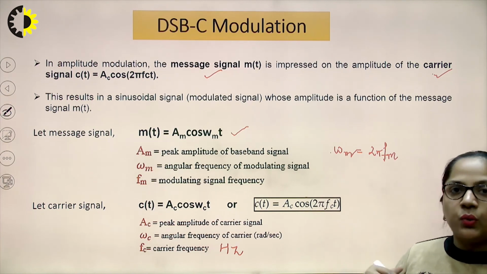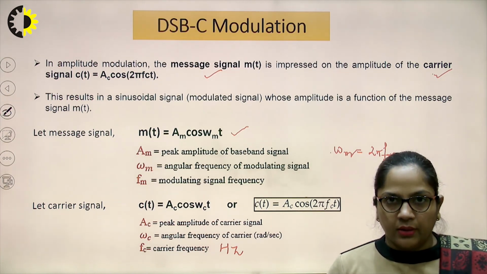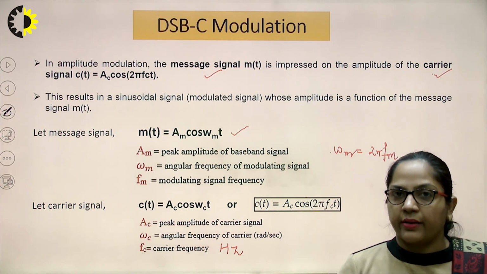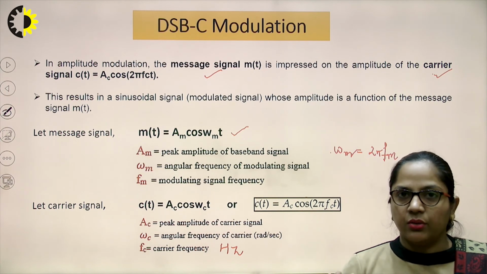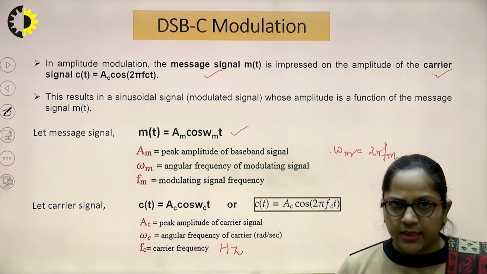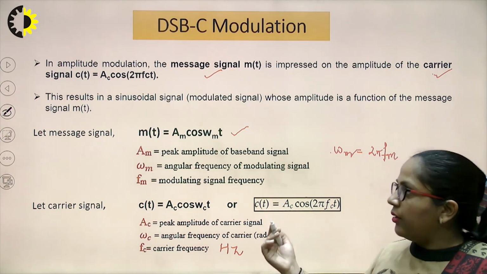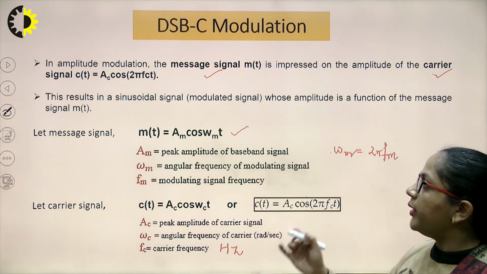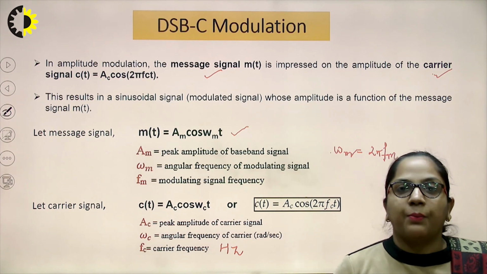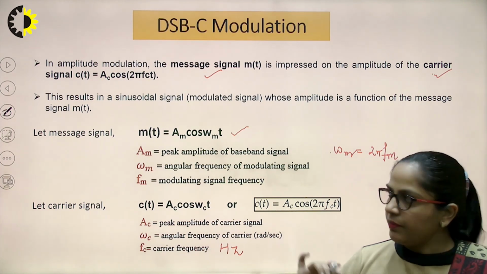Here we want to do the analysis of double sideband full carrier modulation. First we will understand the mathematical analysis, then we will see how we can generate the modulated waveform with the help of amplitude modulation.